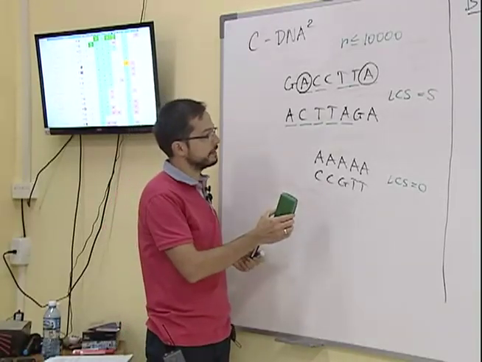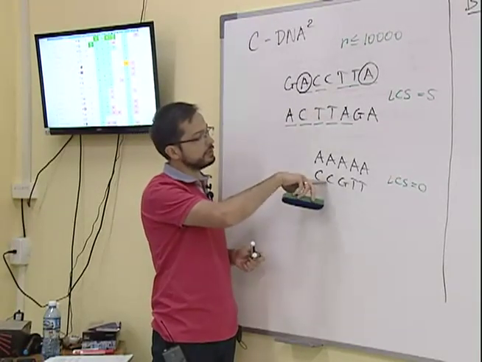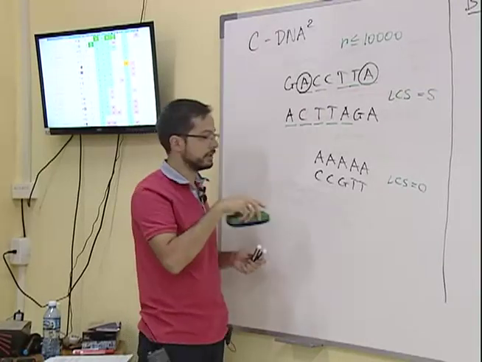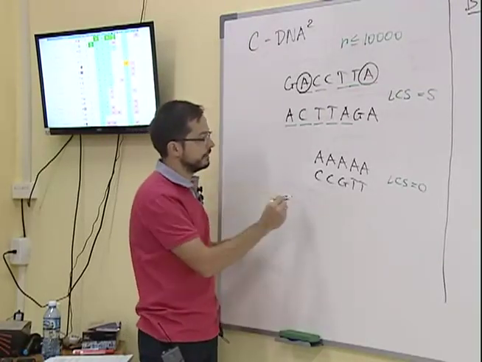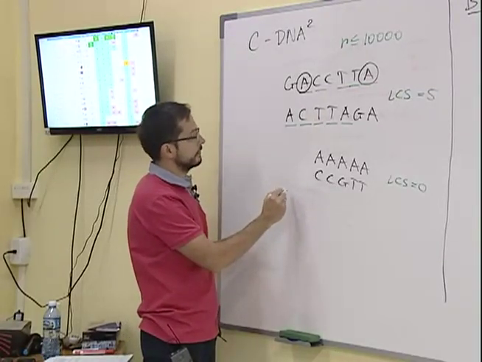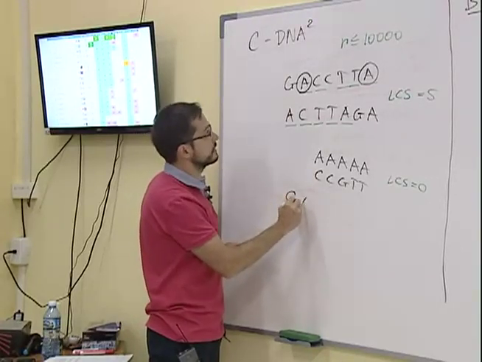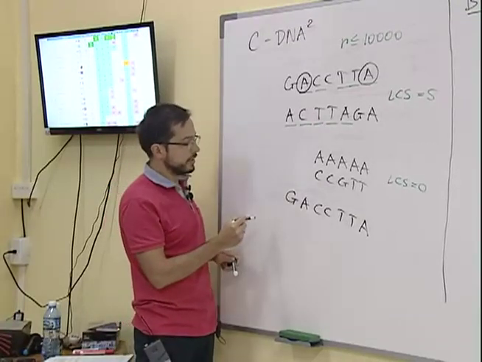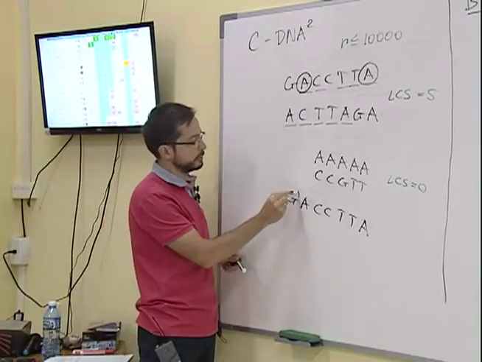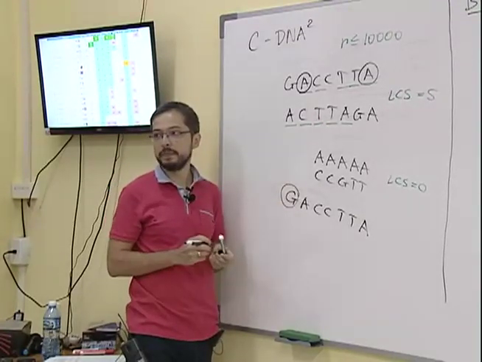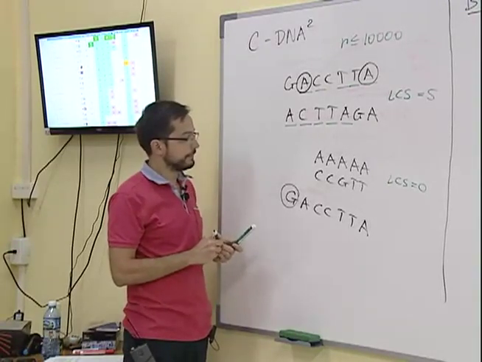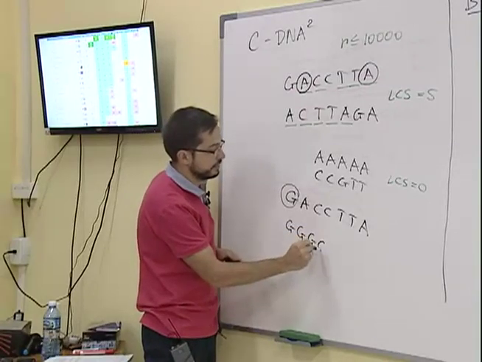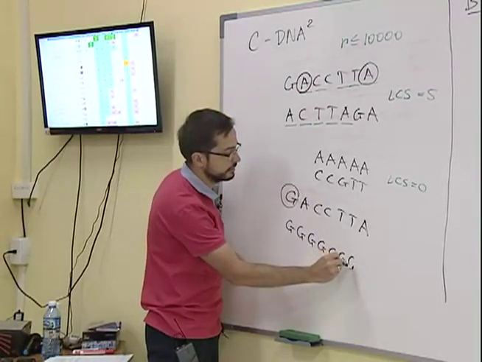I could take C, G, and T, because they were not appearing here in the string. So maybe I can take a letter which appears very infrequently in my word, and then I will just construct a word which consists only of this letter.